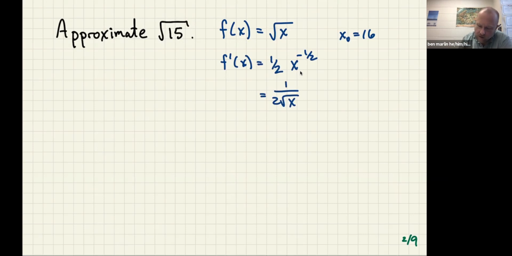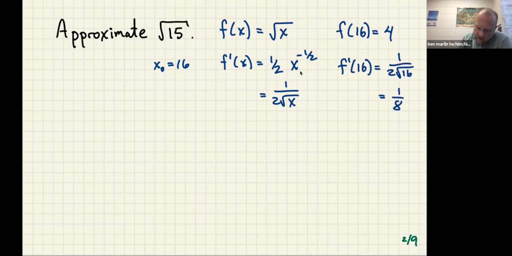So when you make use of our 16 here, you will find f of 16, the square root of 16 is 4. And f prime of 16 is 1 over 2 square roots of 16, so it's 1/8.